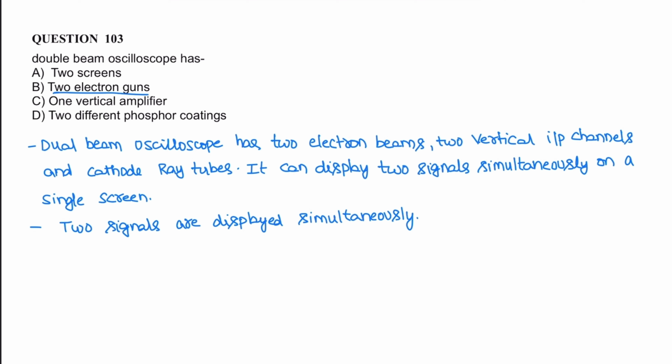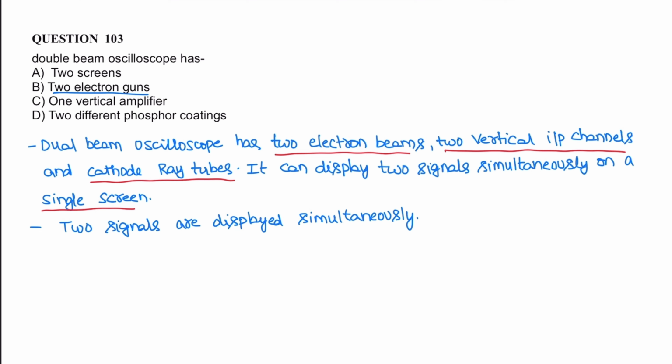It is having two electron guns, two vertical input channels, that is two vertical amplifiers, and a cathode ray tube. It can display two signals simultaneously on a single screen. The screen is also single. Correct option is B. Next question.